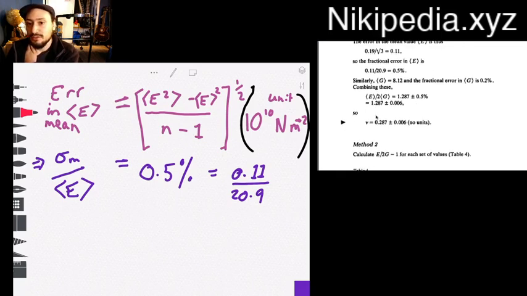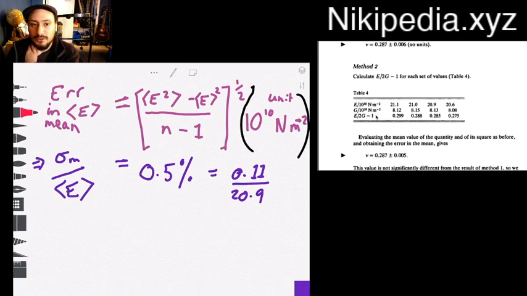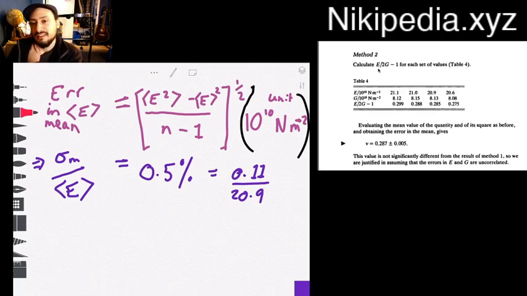So we get down to method 2. Calculate Young's modulus divided by 2 times the shear modulus, minus 1, for each set of table values, table 4. These were the values we were originally given, and we plug them in and get these values.